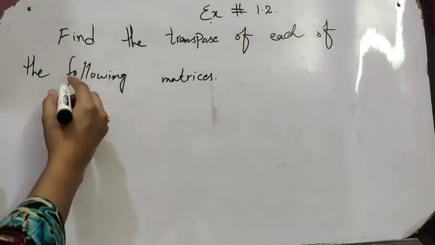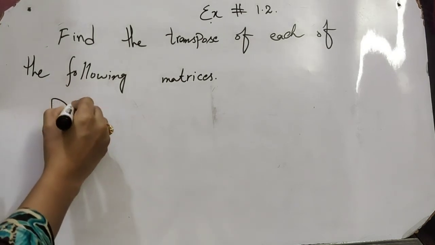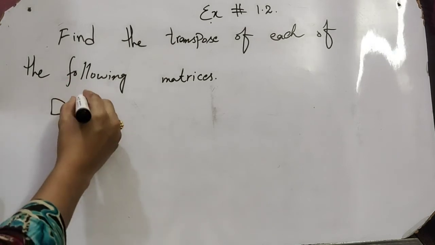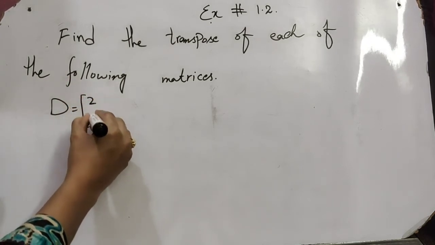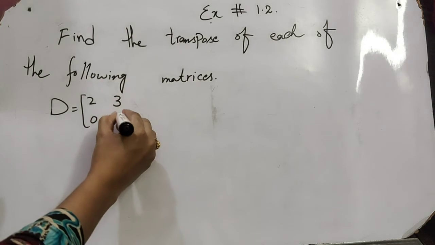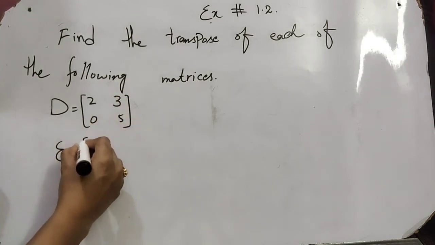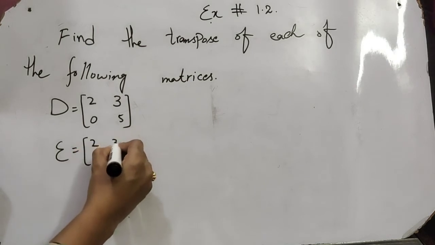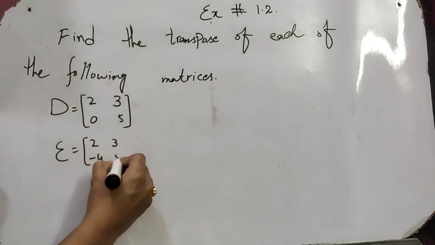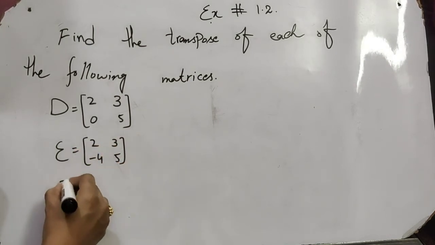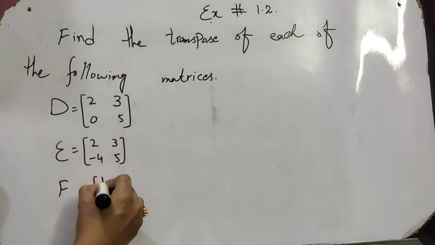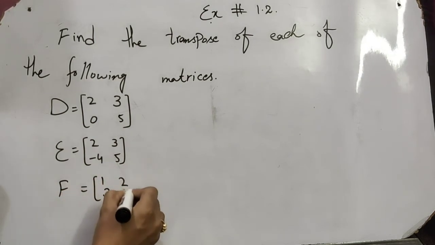The next is D equals 2, 0, 3 and 5. E equals 2, 3, minus 4 and 5, and F equals 1, 2, 3 and 4.